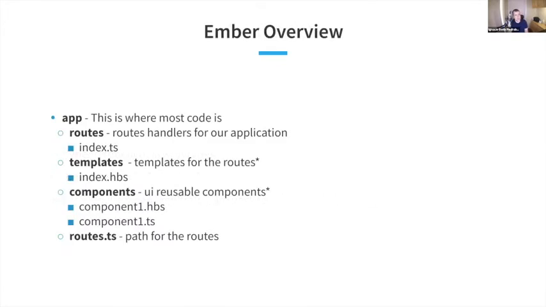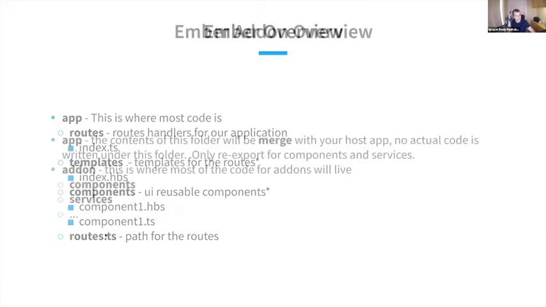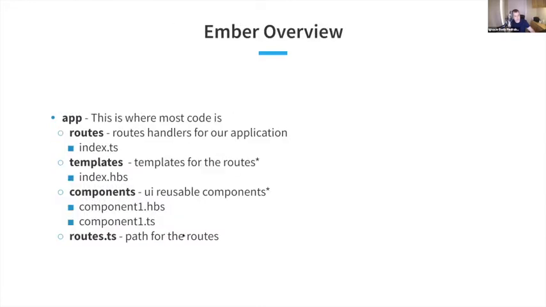So I just want to give you a little overview of what Ember is, just because maybe people are not aware. An Ember app is structured something like that, right? You have an app folder where all your code is. You have your routes, which are all your handlers, which go together with routes.ts, the one on the bottom, the path for the routes.